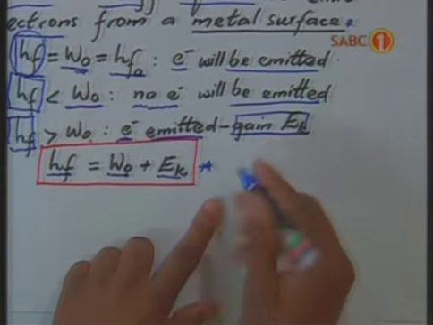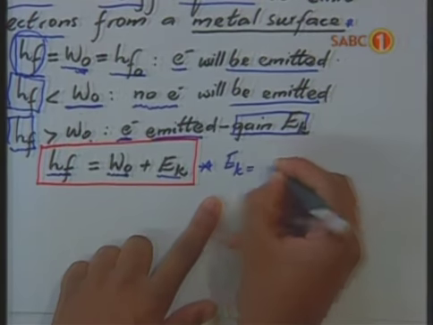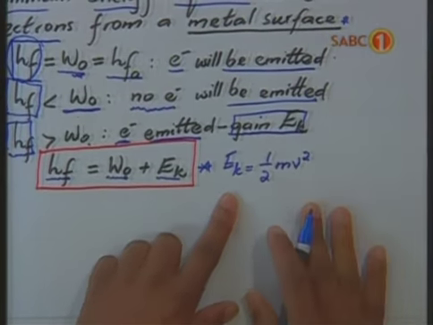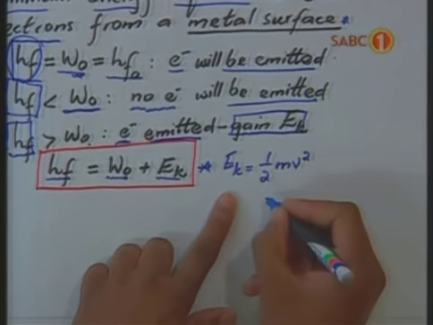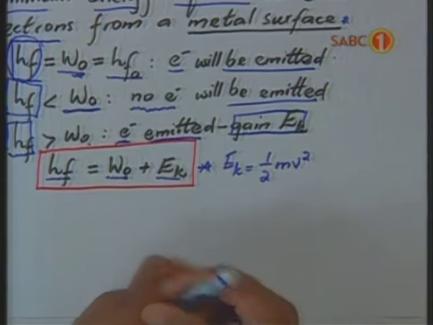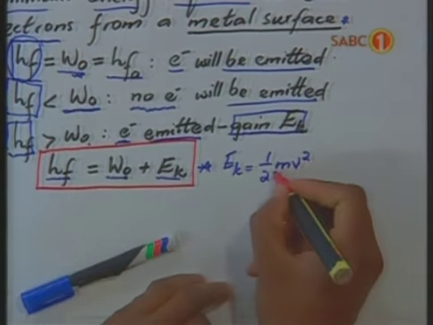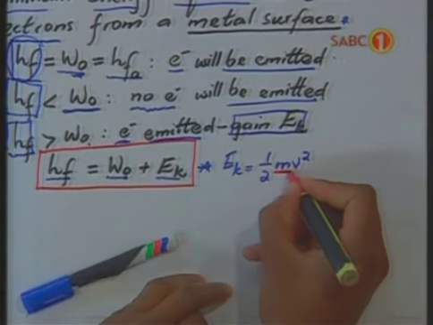Now, if we have electrons moving, remember that EK is given by half mv squared. If it's an electron moving, you must always remember that your m here is the mass of the electron.